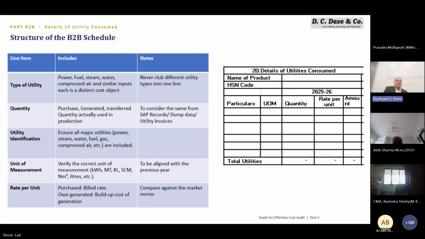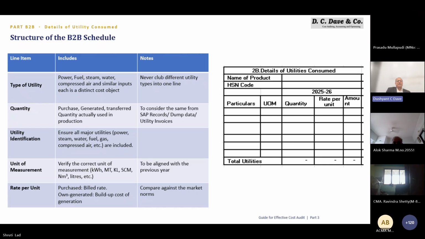Let me give you a practical example here again. Suppose purchased power is 8 per unit kWh. Captive generation is, let us say, 5.40 per kWh. Management may assume captive generation is always cheaper, but ask: has depreciation been considered? Has maintenance shutdown cost been included?